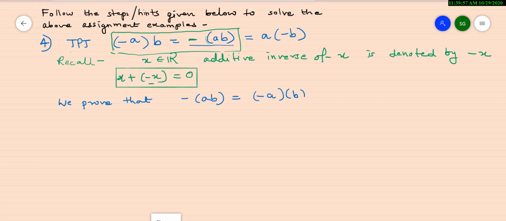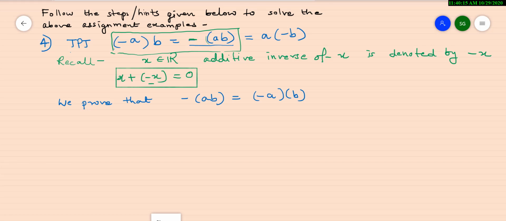Now I'm going to write a few steps with a few fill in the blanks, and you are supposed to try filling those blank spaces. So to prove that these two are additive inverses of each other, we have to consider their total.